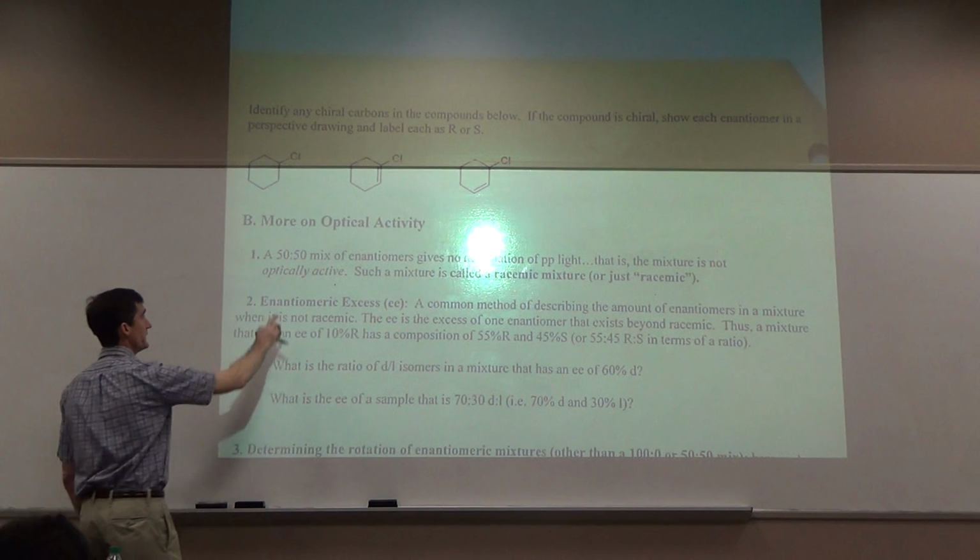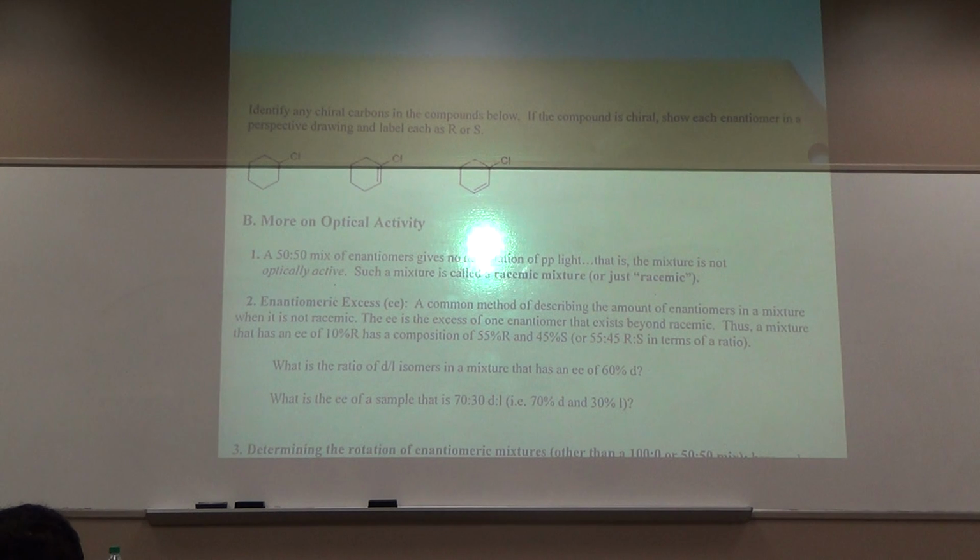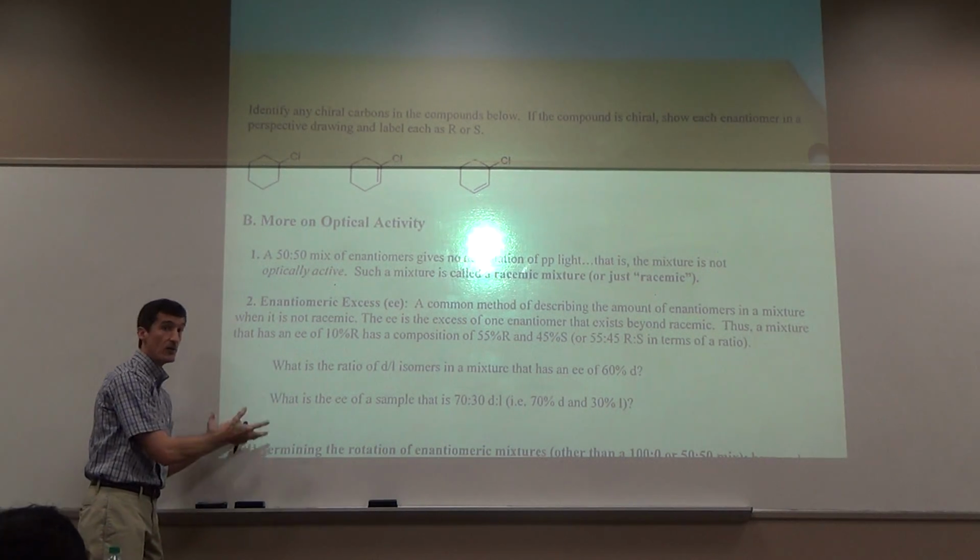By the way, what do we call a 50-50 mix of enantiomers? Put it in our notes many times before, I think. Racemic. Yes, a 50-50 mix of enantiomers is called racemic, a racemic mixture. And a racemic mixture does not rotate plane-polarized light, just like an achiral molecule does not.